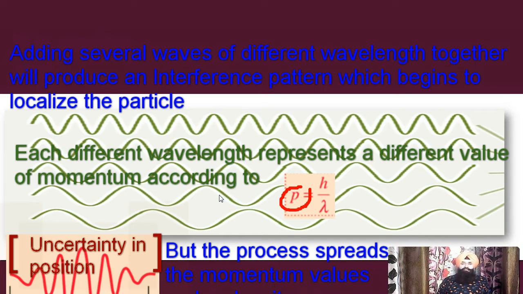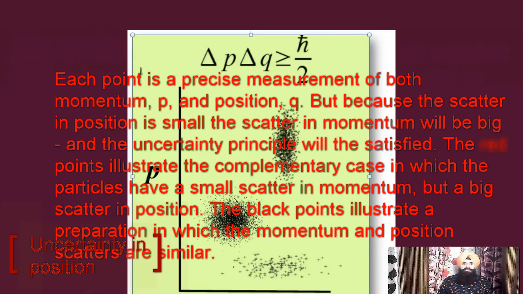Delta P, the problem in P, becomes large. So if delta X becomes small, the error in momentum becomes large.